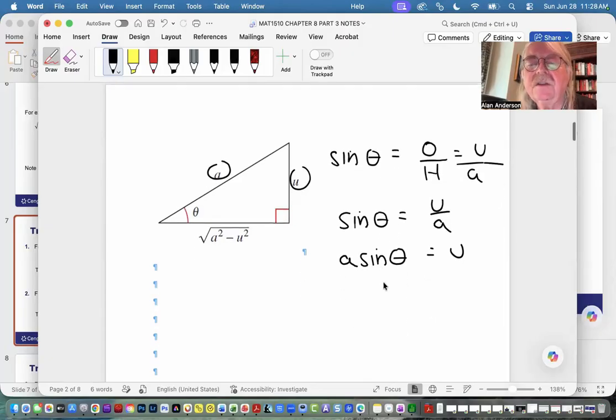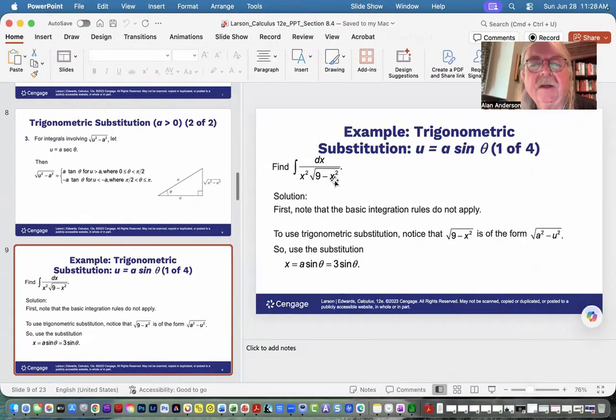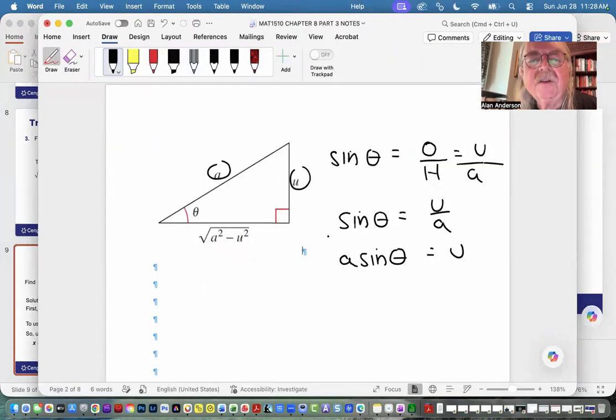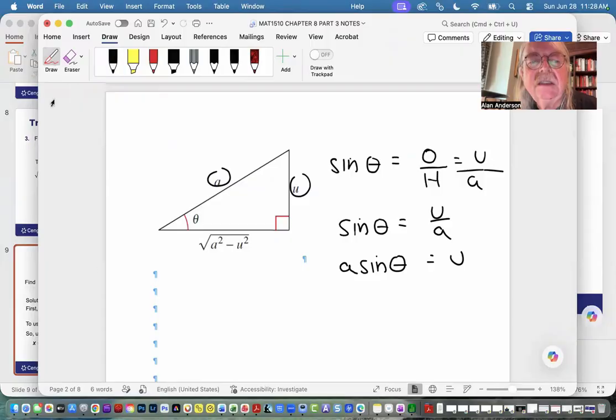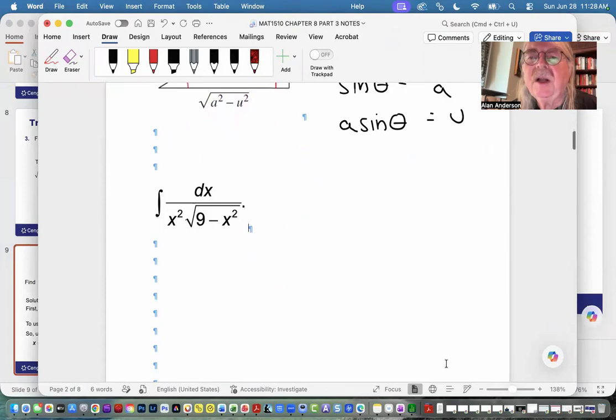All right, so let's look at the first example. Here we go. Now look at this thing. At first glance, you might say, this is a job for u substitution. Ah, if only. See, the problem is that if you try to use u substitution, you will not be able to find the du that you need. And so that's not going to work.